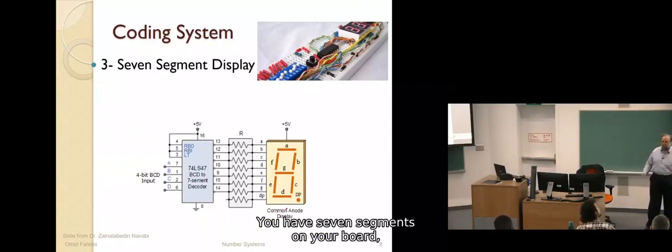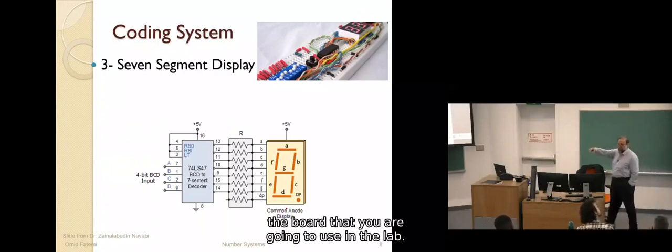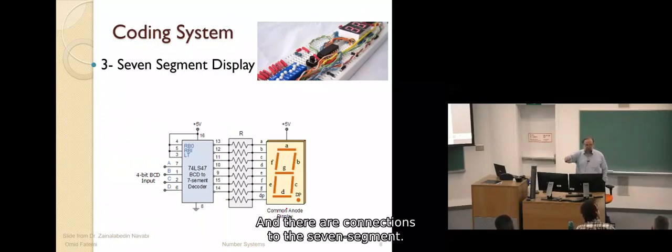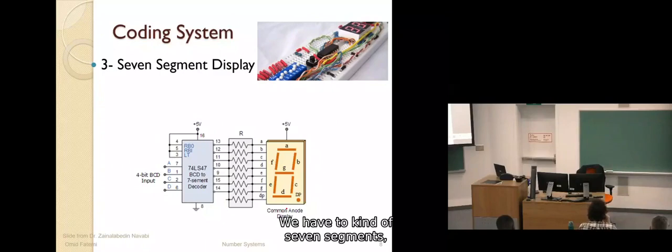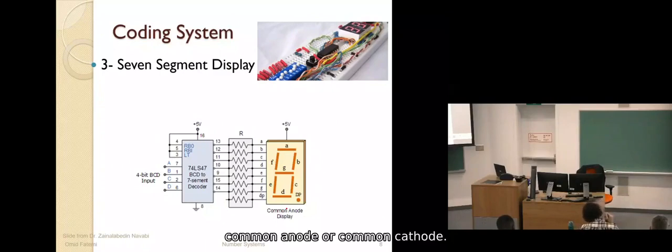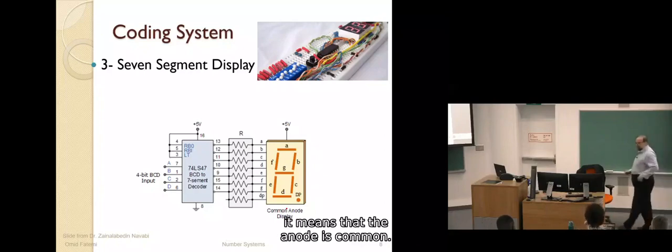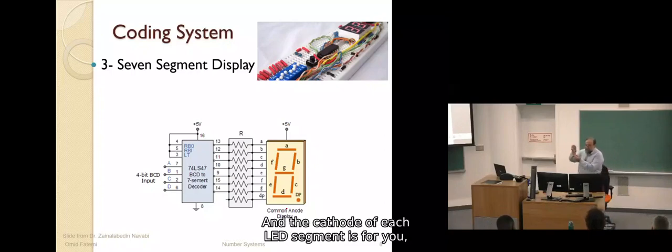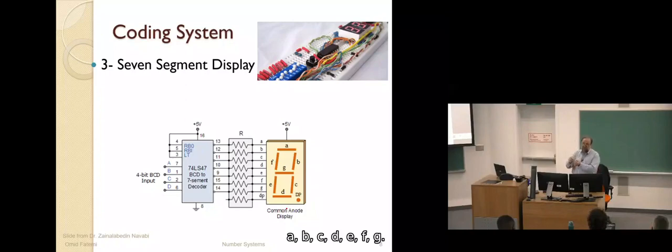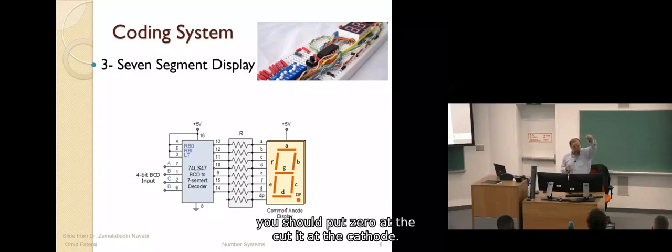We will use it. You have 7 segments on your board, the board that you are going to use in the lab, and there are connections to the 7 segment. We have 2 kinds of 7 segments: common anode or common cathode. If they are common anode, it means that the anode is common and the cathode of each LED segment is for you, A, B, C, D, E, F, G. So if you want to turn it on, you should put 0 at the cathode, and 1 is common.